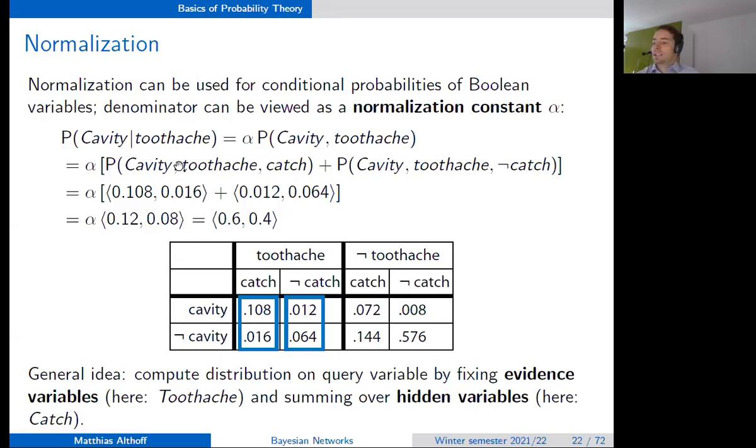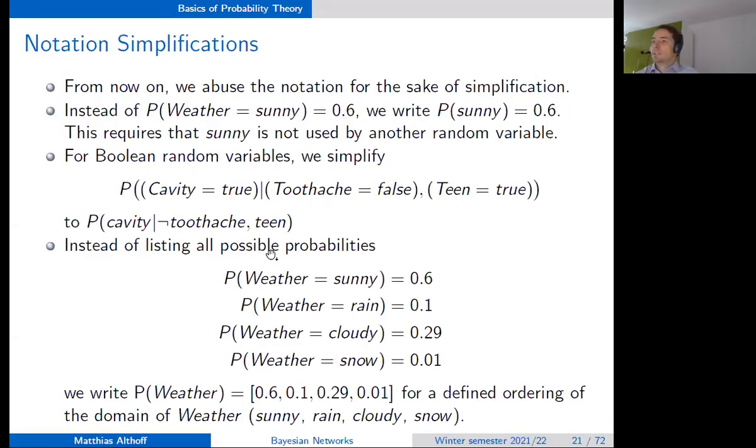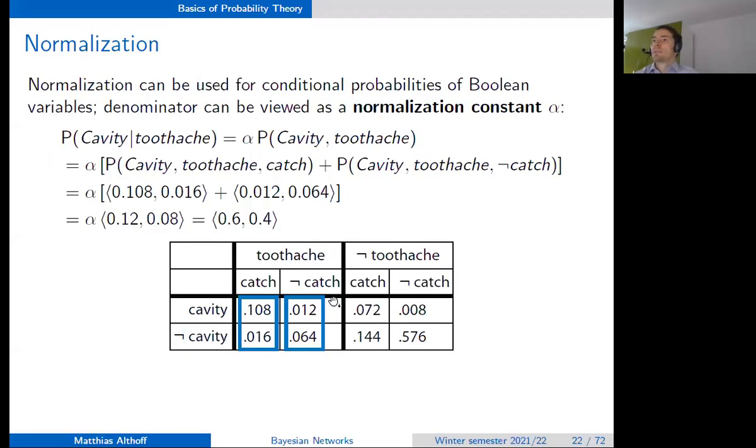Capital means, if you go back, that we look at all the values, and if it's a Boolean variable, we look at the values true and false. So in this probability, the first element is for true and the second element is for false, while toothache and catch are fixed. All the variables that are capitalized are random variables, they're not fixed, and the other ones are fixed outcomes.